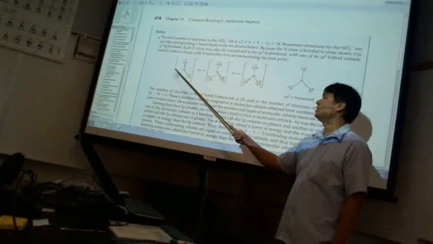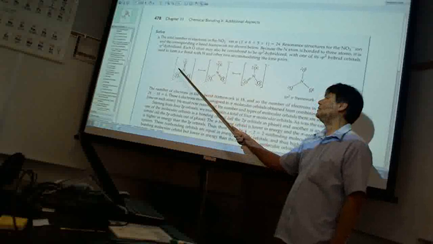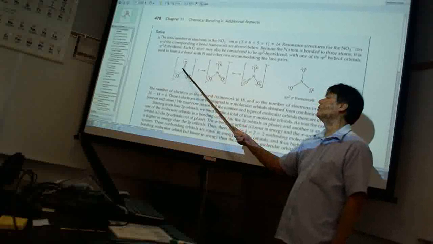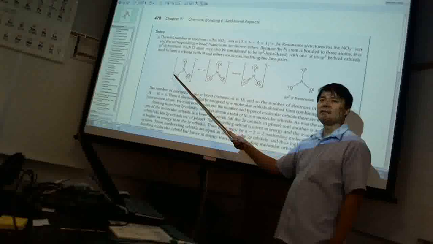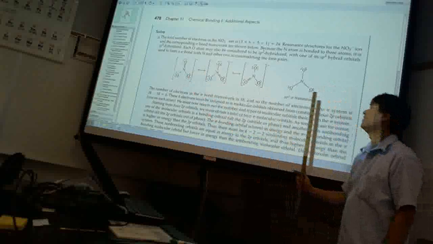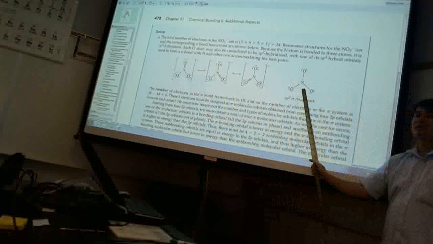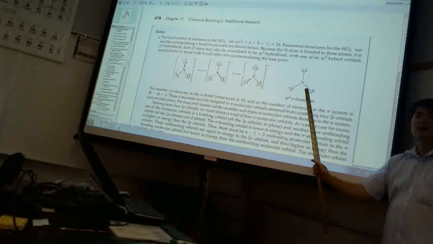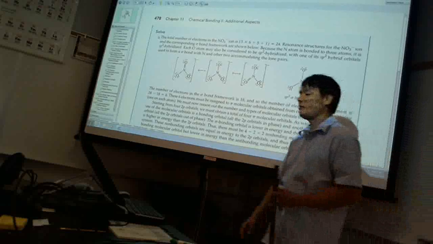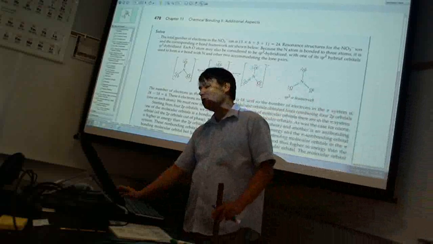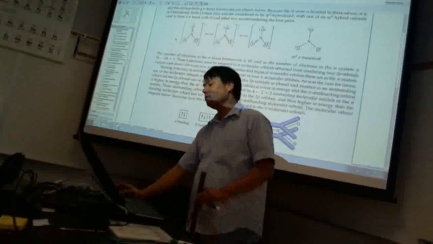The p orbital is perpendicular. Now, if all these are sp2, then take a look. All the p orbitals line up. When all the p orbitals line up, then we can spread out all the pi bonding electron density over the entire ion. And so that gives us our hybrid structure. This is going to be all sp2.